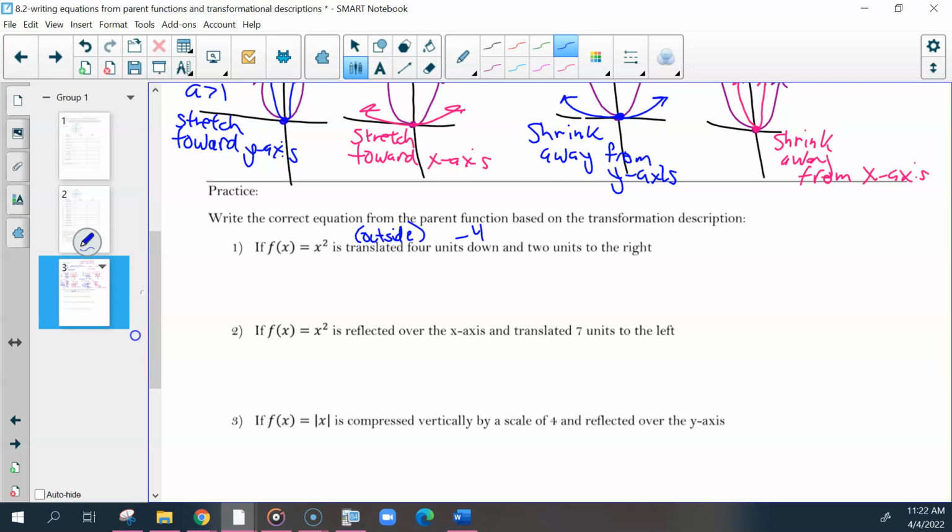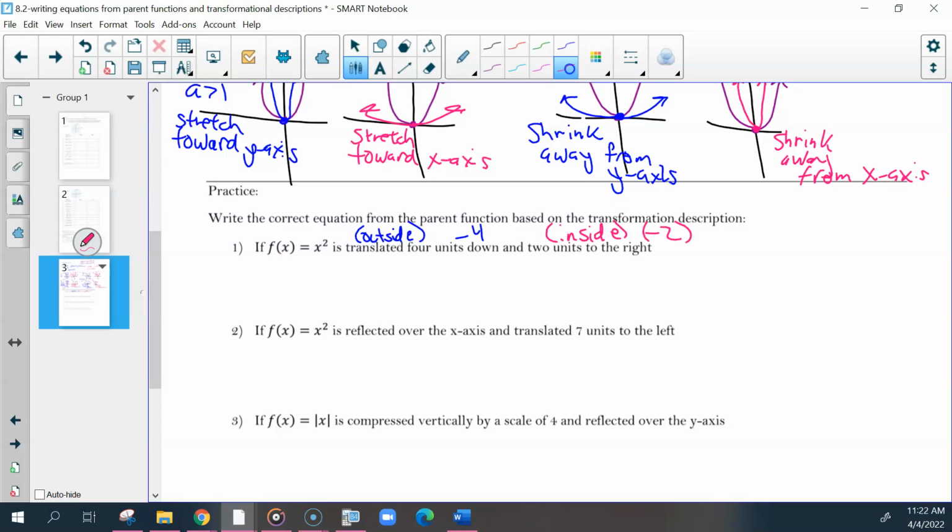This is going to help us start to realize, okay, anytime I see this, this is what I do. Anytime I see this, this is what I do. 2 units to the right, is that horizontal or vertical? Horizontal, which means it's inside or outside? Inside. 2 units to the right, how would we write that? -2.